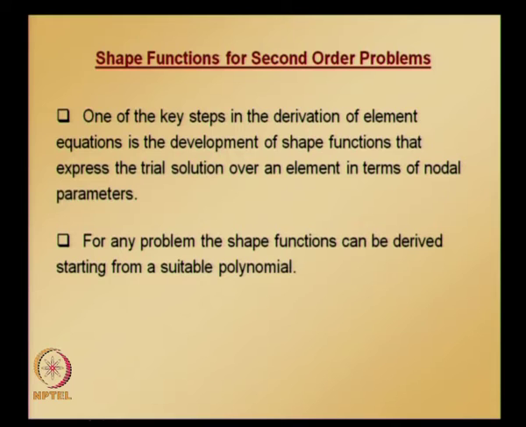For any problem, the shape functions can be derived starting from a suitable polynomial, as we did for linear elements. When deriving the shape functions for linear elements, we assumed trial solution u is equal to a0 plus a1x, expressed a0 and a1 in terms of nodal parameters, back substituted and grouped the terms containing nodal values, and then we got the shape function.